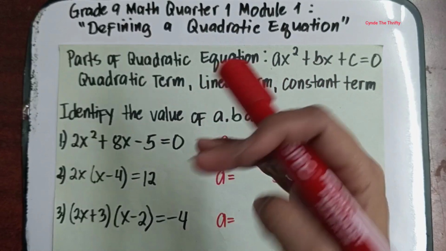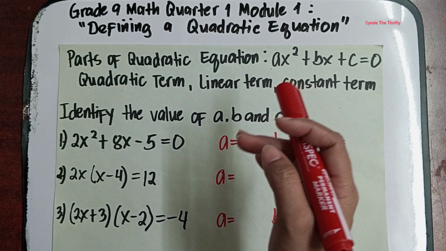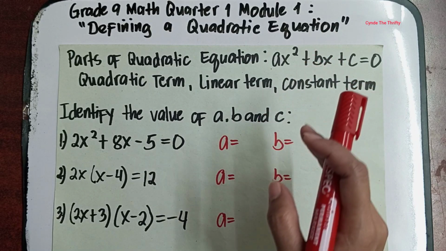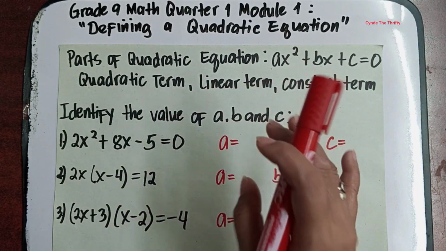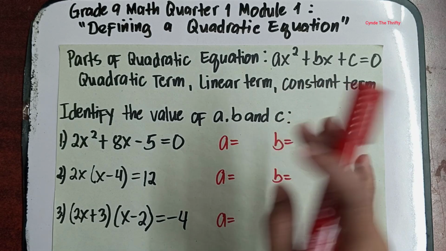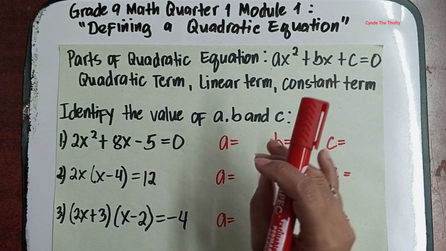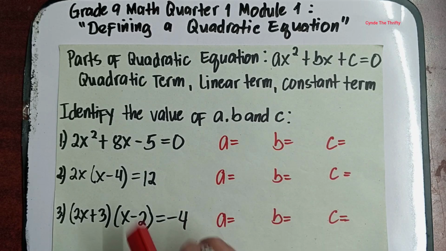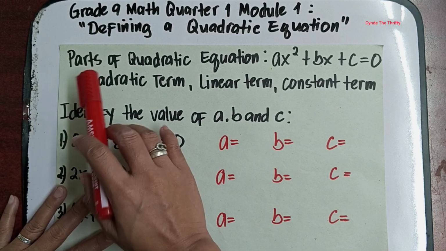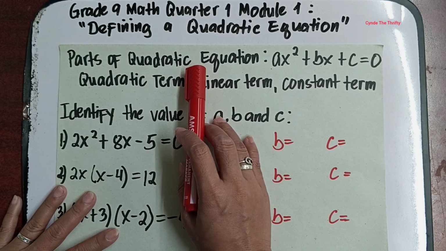So naka-degree 2 siya. Tapos ang kanyang standard form is ax squared plus bx plus c is equal to 0. So si a, si b, at si c, mga real numbers yan siya. At ang value ni a, hindi siya pwedeng equal to 0 or negative number. So dapat positive siya. So ngayon, i-identify natin ang parts of quadratic equation.